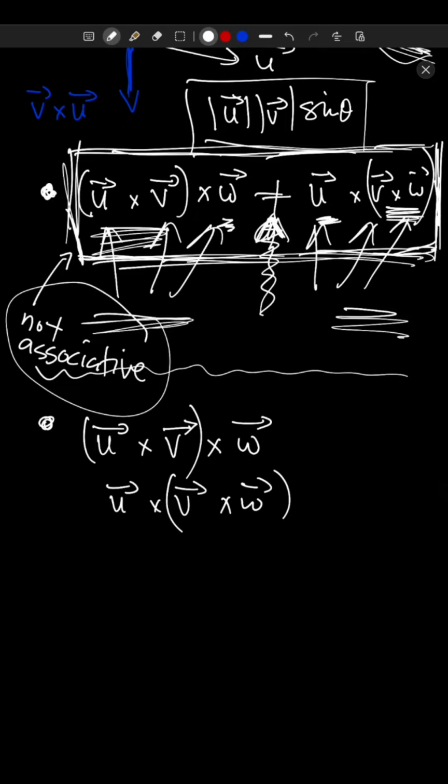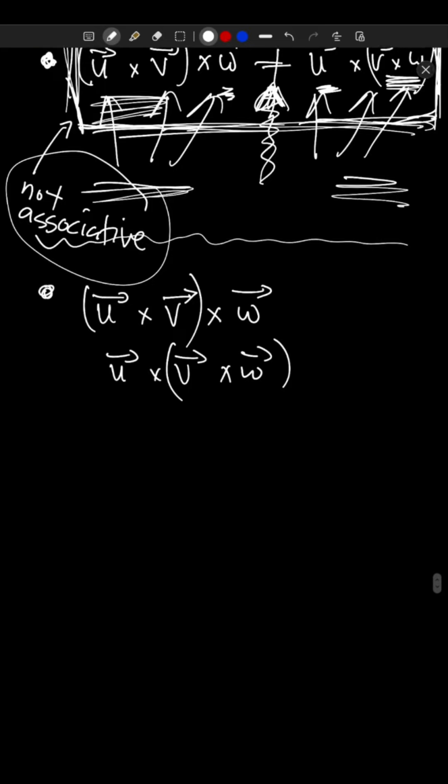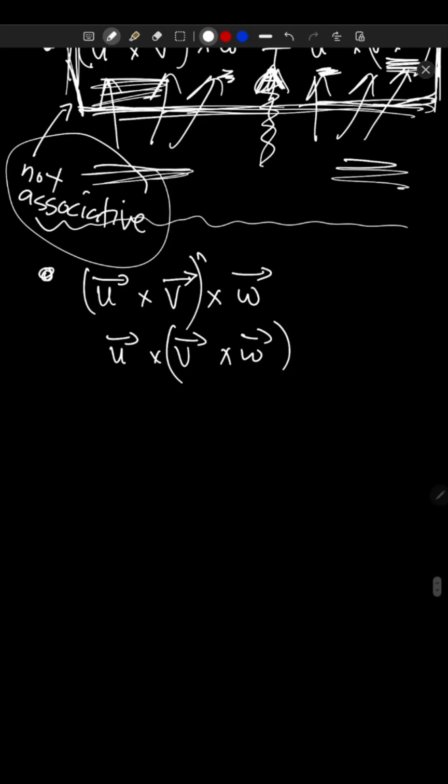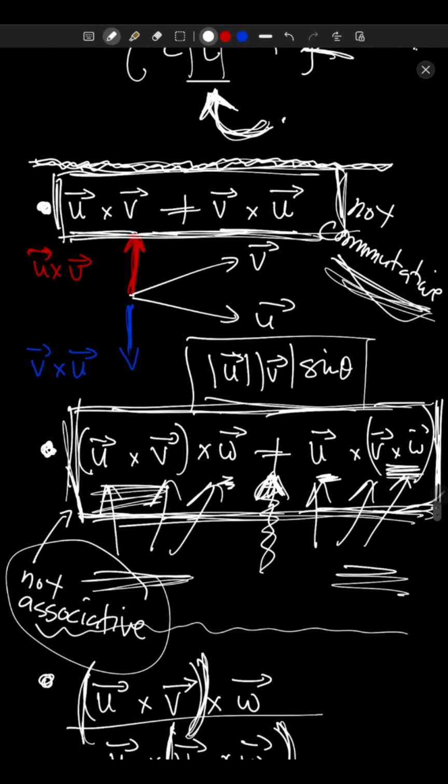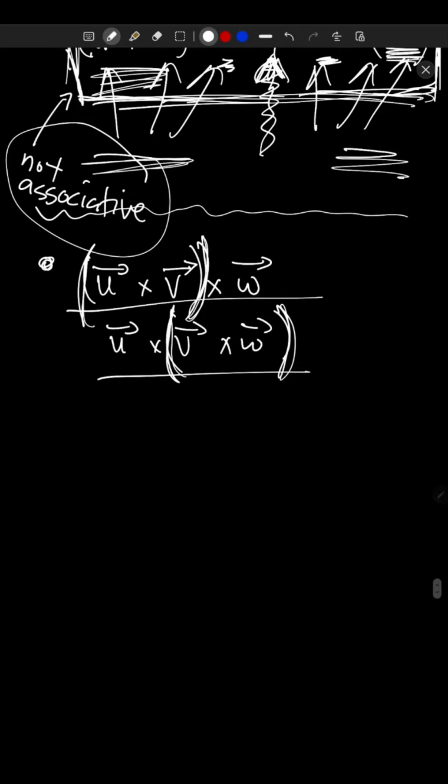So if you are going to be doing multiple cross products, you should be disciplined and put parentheses to make sure it's clear which ones you're doing first. They're definitely not going to be equal. In the commutative situation, they're not equal but they're just opposite directions, so it's not a big deal. But with the cross product, they could be not equal in very dramatic ways.